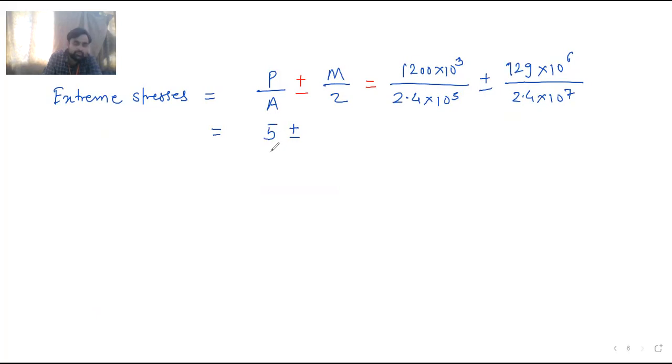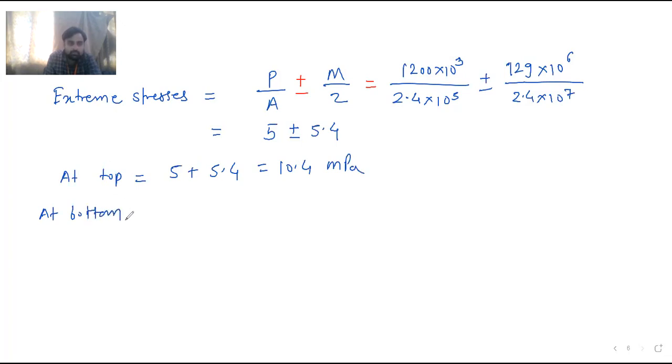Then plus minus how much? 5.4. Okay, so at top is equal to 5 plus 5.4, which is equal to 10.4 MPa, and at bottom 5 minus 5.4, which is minus 0.4 MPa.